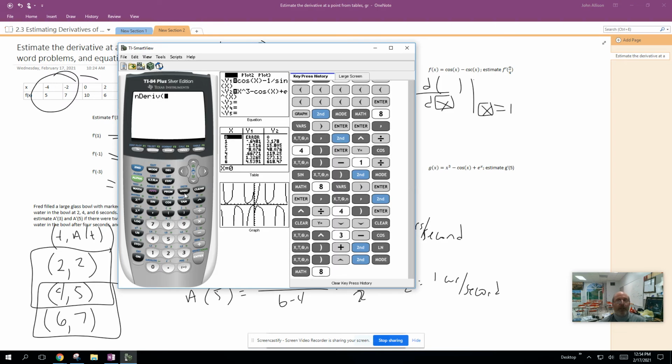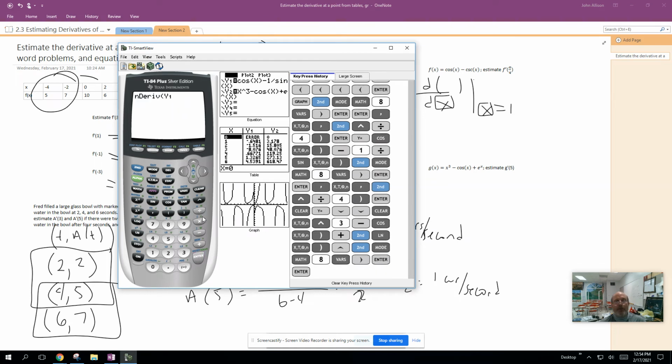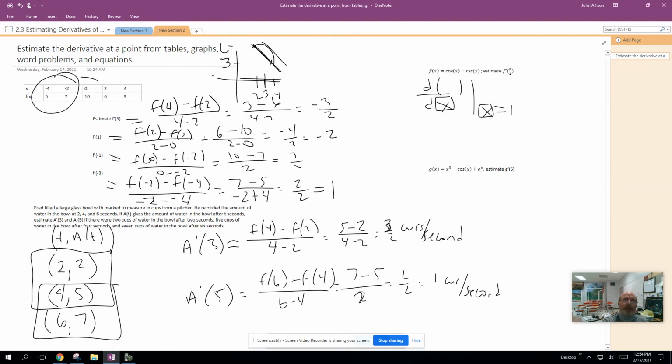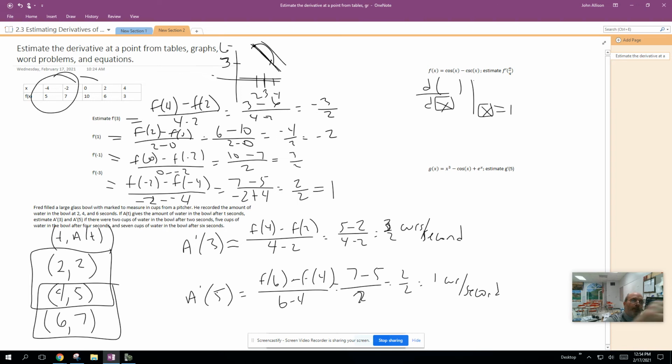So to get that, I'm going to hit vars, yvars, function, and then enter on y1. And that's going to put f of x in this for me. So what you'll see when you do this on your calculator, this will show up as y1. But remember, you have to put it where you have the right function stored. That's what you'll type in your calculator.